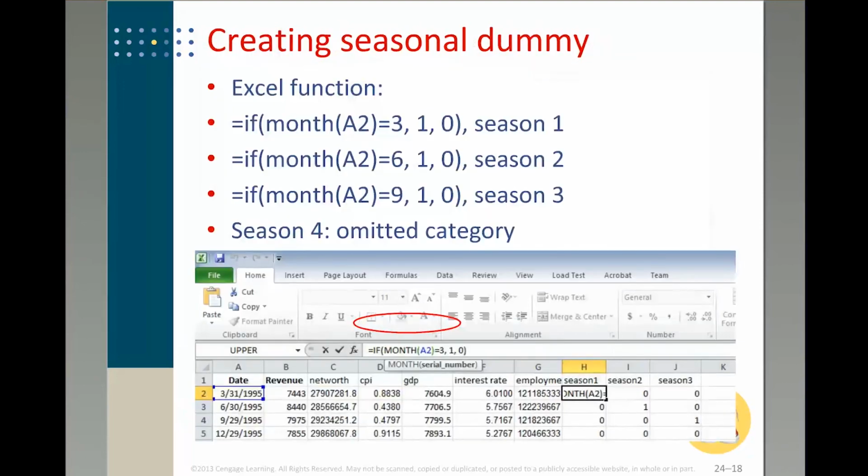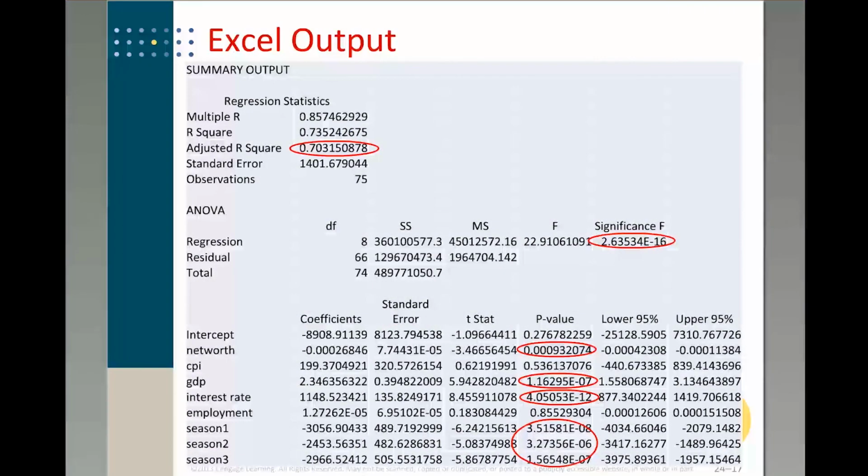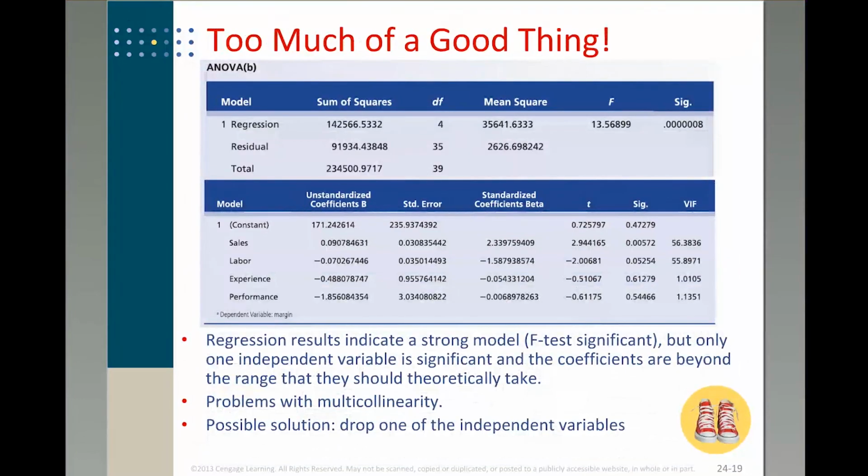For example, for my Sears data, if I definitely want to find out the relationship between the revenue and GDP, and GDP happens to be highly correlated with some other variables, I will definitely keep GDP and drop the other variables. So that's the solution for multicollinearity.